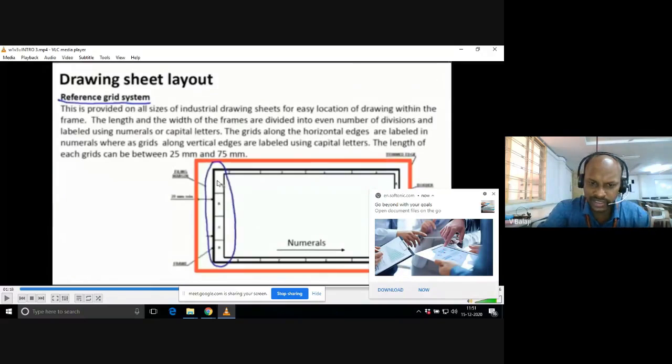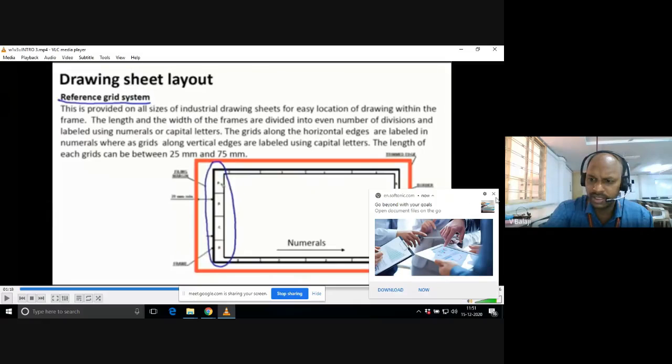You see here, for example, this is A. Along this line A, horizontally, your component is here. And along here it is 1, 2, 3, 4s. So along vertical, along the 4, and horizontally along A, you will find one more component.